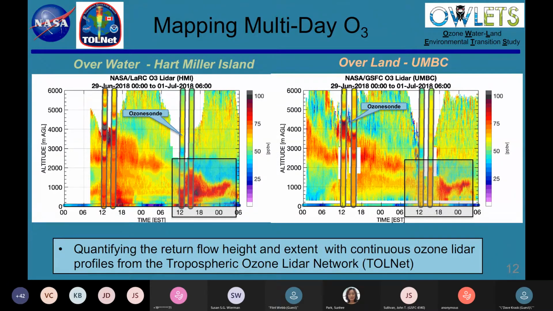At the end of the figure, you can see what appears to be a plume of ozone descending in the surface layer. And we can zoom in and really look at some of this, and we hope to do that in the future. But basically, that has a strong influence on next day ozone.